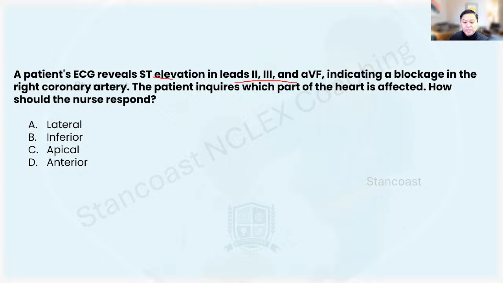The patient inquires which part of the heart is affected. How should the nurse respond? Is it A, lateral? Is it B, inferior? Or is it C, apical? Or is it D, anterior?